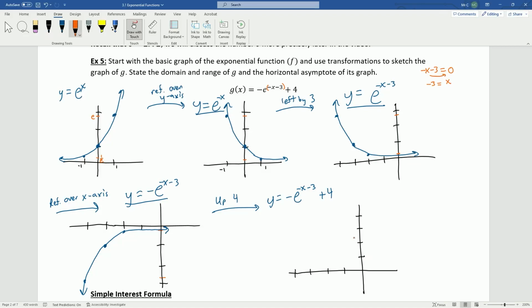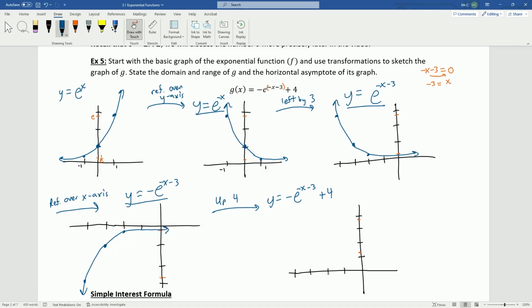So here, I'm going to move my orange marks up by 4 as well. So this one is at negative 1 over e. If I add 4, that's going to be just less than 4 here. And this one was at negative e, so when I add 4, that's going to be just under, let's see, 1, 2, 3, 4. It's going to be just under here. And we'll move our points accordingly.